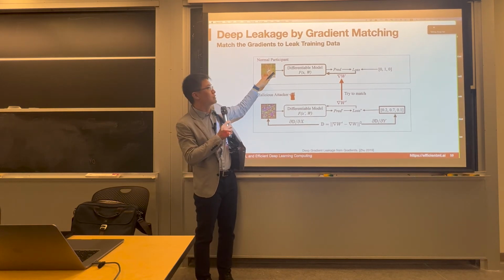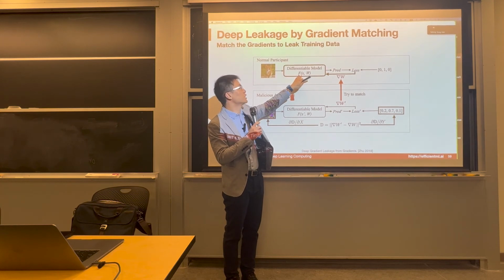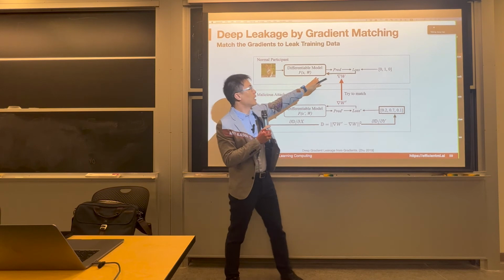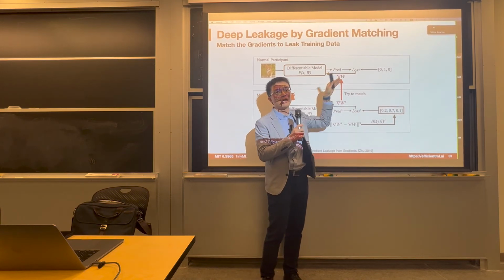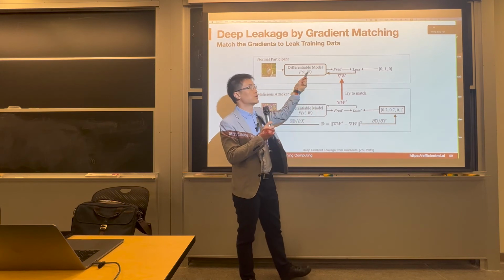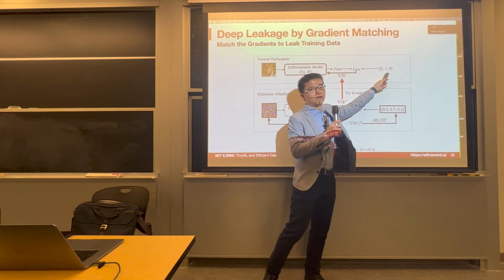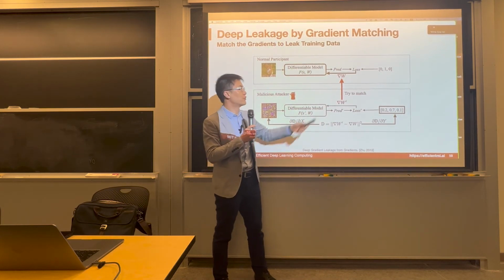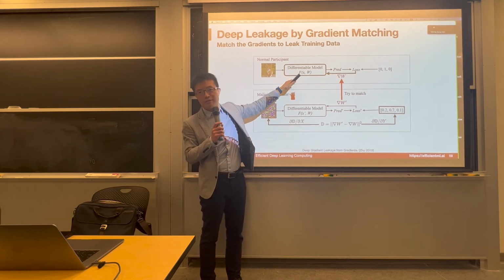Given the original cat image, we pass it through this differentiable model with weight W and get a prediction. At the same time, since we have the ground truth label, we can calculate the loss, and therefore we can calculate the gradient with respect to the weight. So this is the normal participant.